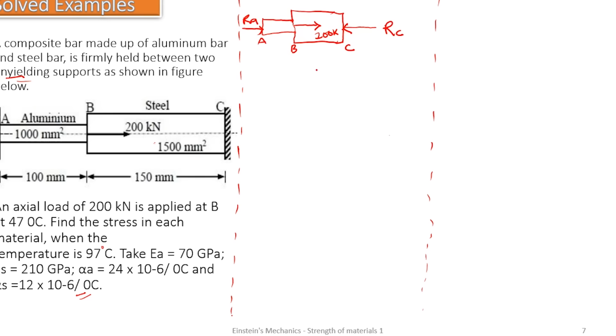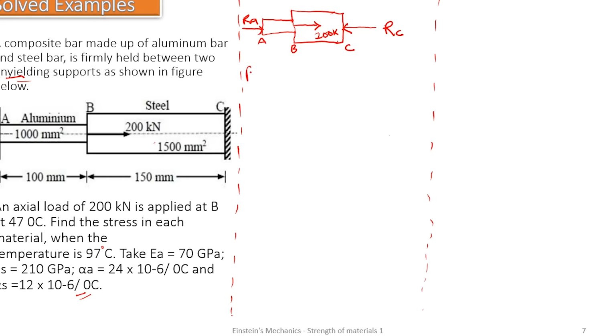A. When we were doing axial loaded bars, I would have taken my reaction to be opposite to this, but in this scenario, it is different because the bars are what? Now trying to compress the bar. The fixed ends are now trying to compress the bar from what? Elongating.